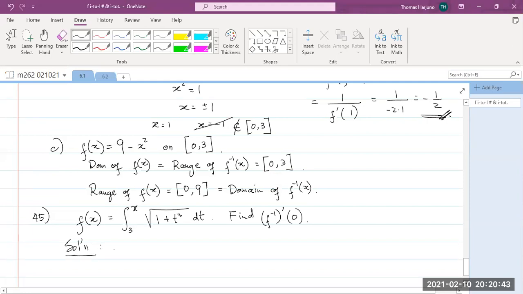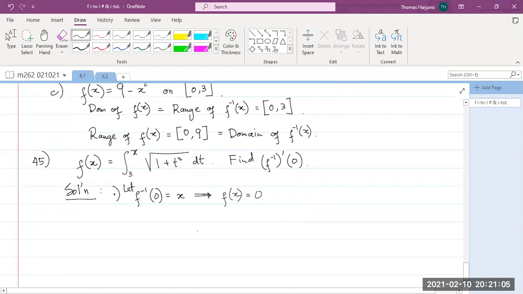Okay, so the first part is we need to find what is the inverse function at 0. Call this x. That means f(x) equals 0.